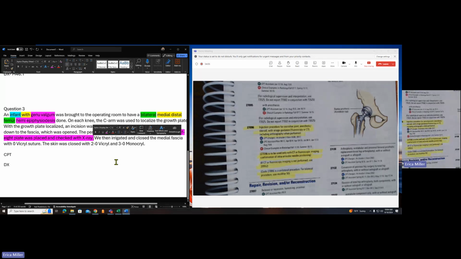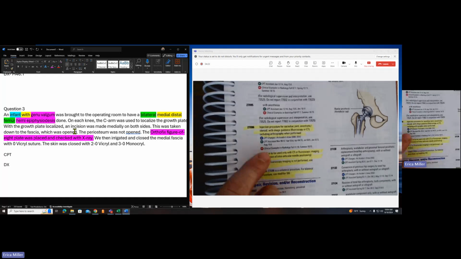That's probably just the way the service is performed, but I'm not 100%, and I don't want to overlook something. Some services may be performed with or without this, just like in our last example, where injection procedures are not always done with fluoroscopy or CT. So I'm adding this in, and if it isn't a necessary component, we'll remove that highlight.